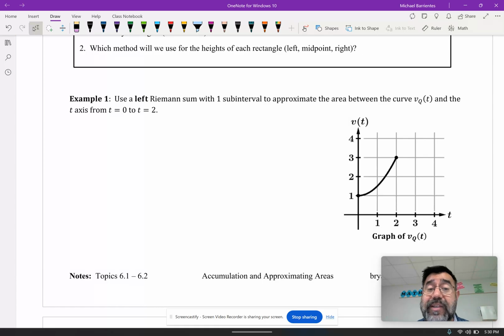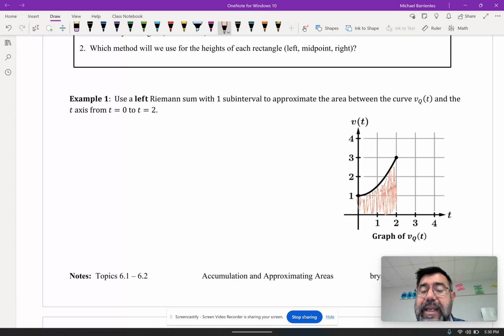Now, it says specifically with one subinterval to approximate the area between the curve v of t and the t-axis between time 0 and time 2. So we're still looking at the same shaded region, right? We're still looking at this that we're trying to approximate.